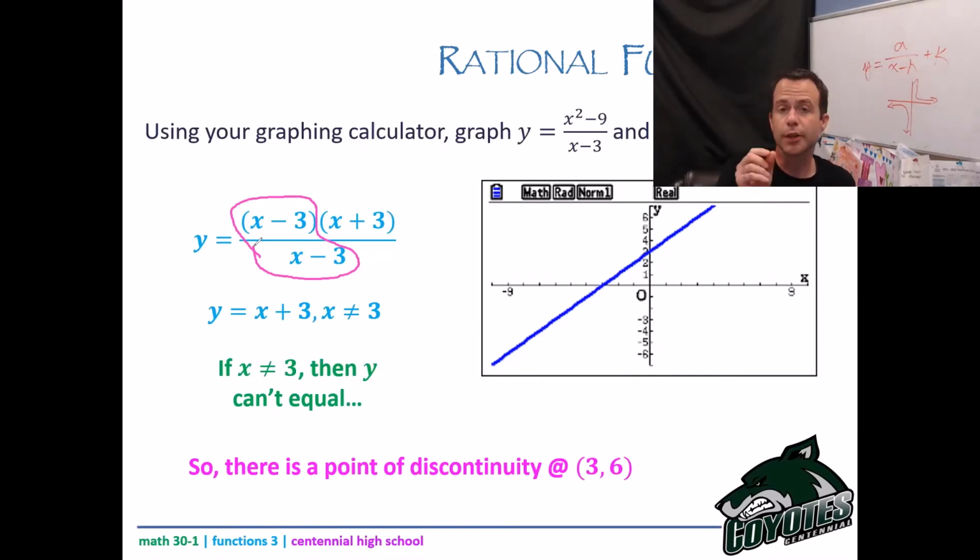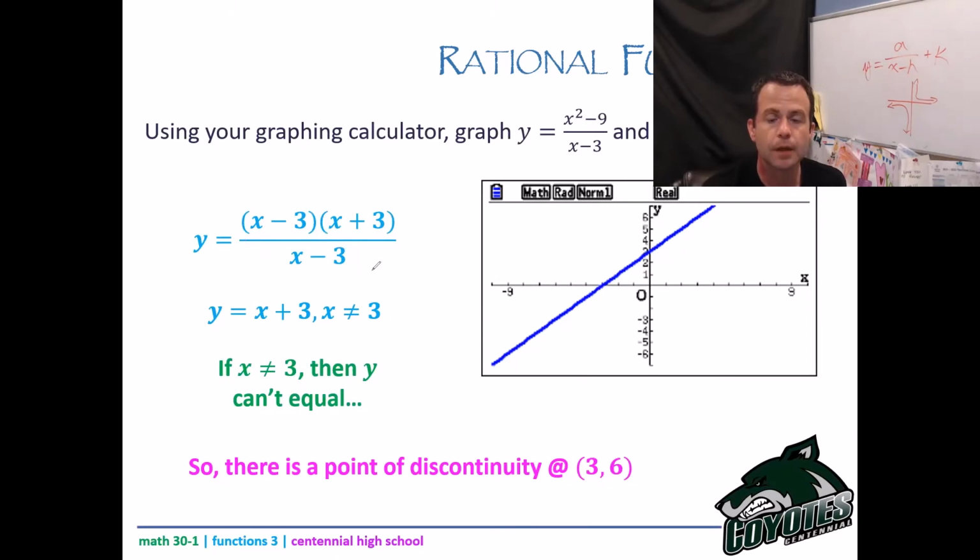If the factor is on the bottom only and is not shared with the same thing on the top, if it's on the bottom by itself, that's what creates a vertical asymptote. Okay, so now from the equation, without actually seeing a picture, we understand the difference between what will create a point of discontinuity and what will create a vertical asymptote.